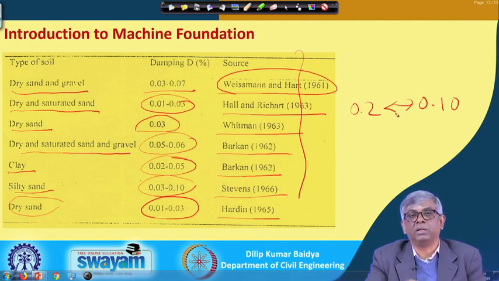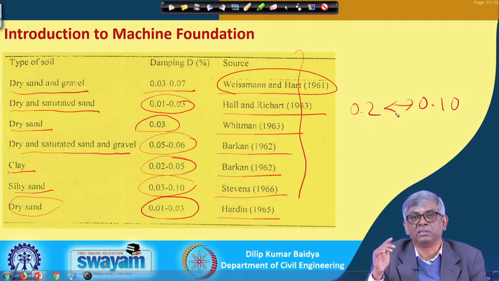If damping is not given for the analysis, as I have told you, you need to know the mass, which is equal to the mass of the foundation plus machine. Then you need to know the stiffness, which is equal to 4Gr by 1 minus mu, which is for a circular foundation. If it is a non-circular foundation, r can be obtained from the equivalent circular area, that means under root ab by pi.